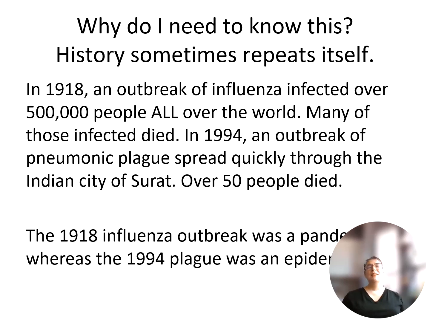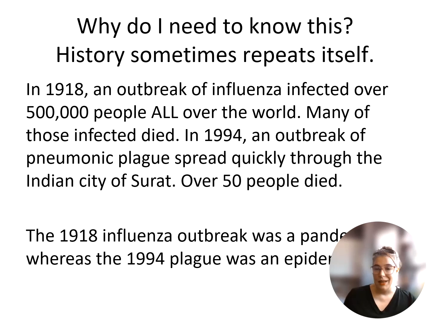So why do I need to know this? Well, sometimes history likes to repeat itself. And it doesn't mean that history is always repeating itself, but it does tend to do this. So, in 1918, an outbreak of influenza or flu infected over 500,000 people all over the world.